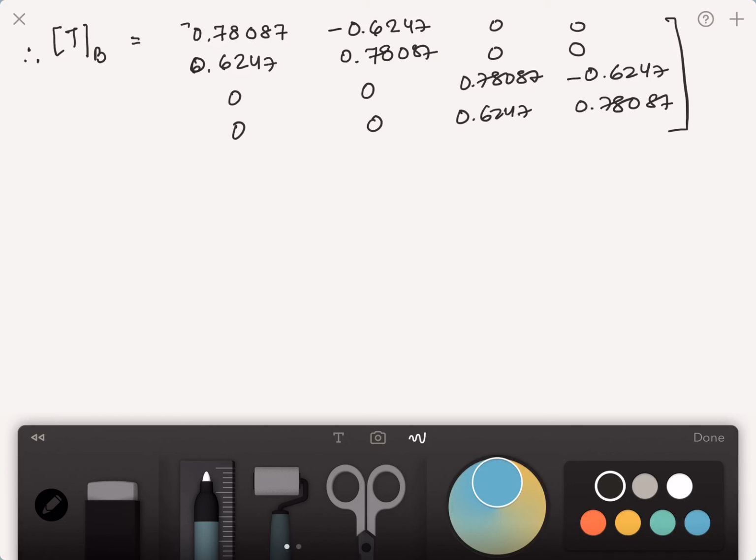This is the transformation matrix. So all the components have in general been calculated.